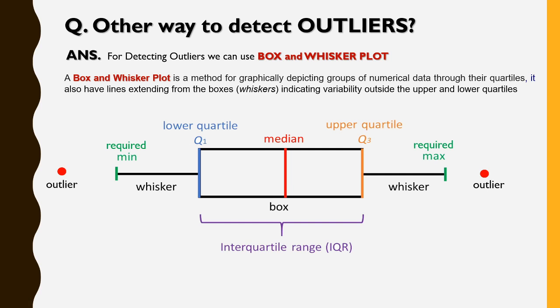For example, in the previous example, 52 was the highest value, that was the maximum value, but because the data have an outlier, if I create a box plot of it, the maximum value will be 18 and 52 will come as an outlier here. So that 18 will be the required max.